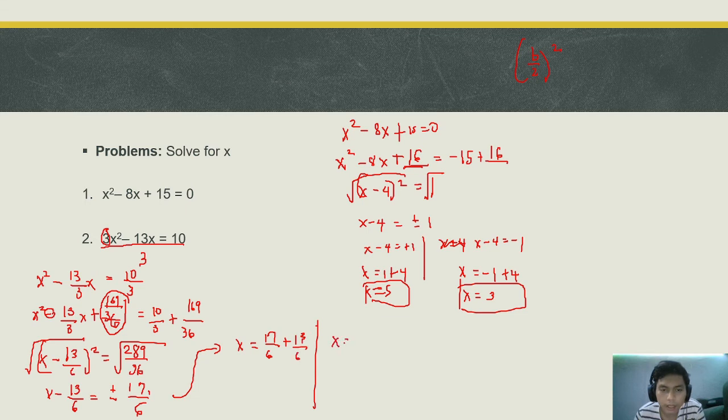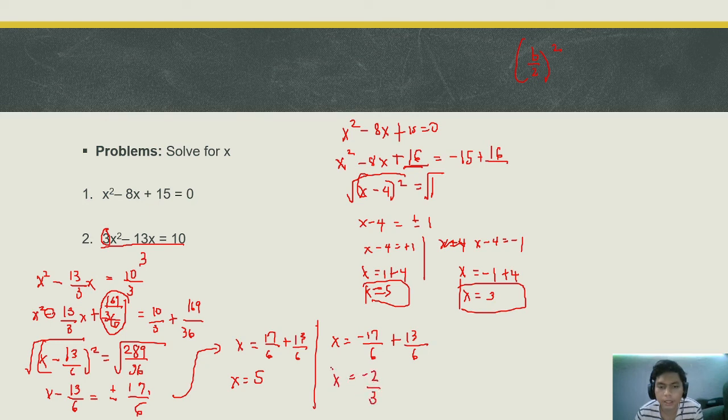And the other one is x equals negative 17/6 plus 13/6. Therefore, your first x is 30/6, or let's use our calculator. For sure, it's 5. And the other one is negative 17/6 plus 13/6, that's negative 4/6. So that's 2/3, I think. Yes, negative 2/3 rather.